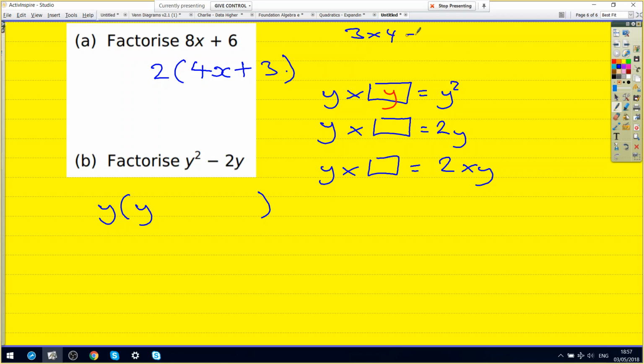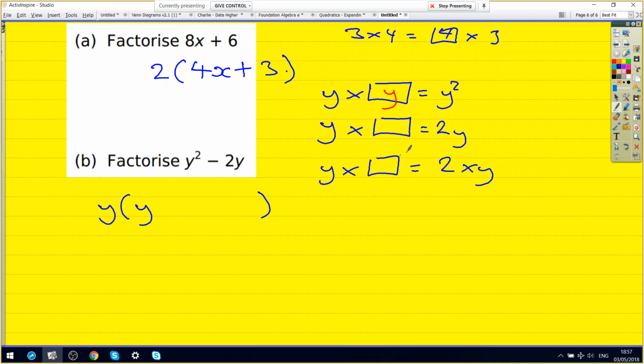3 times 4 equals what times 3? 12. 12 times 3. 4 times 3? 3 times 4 and 4 times 3, same thing? Yeah, they are.